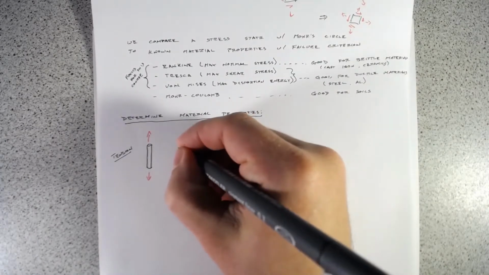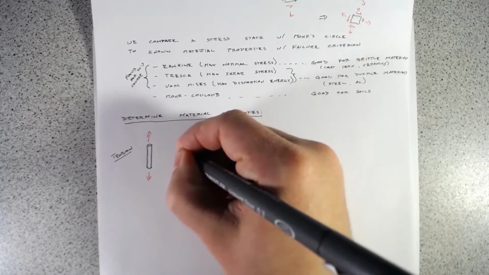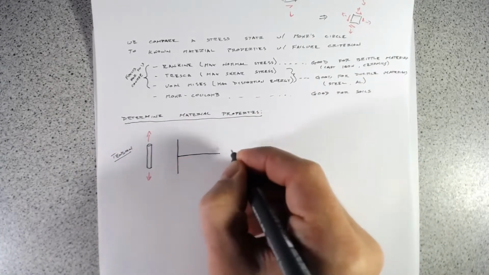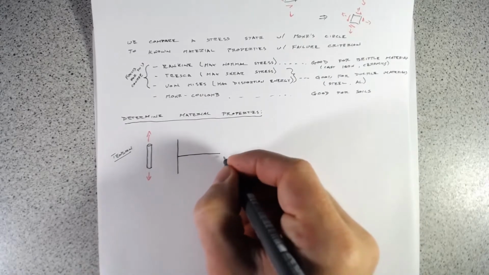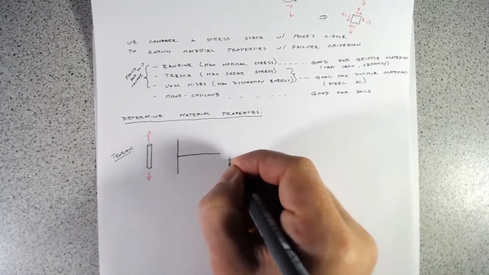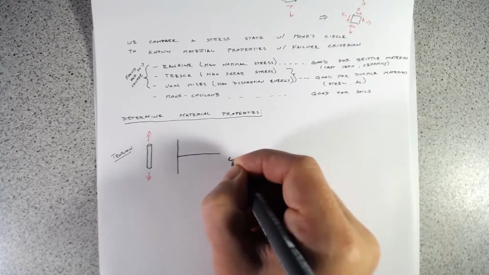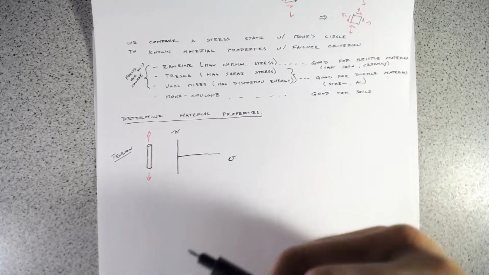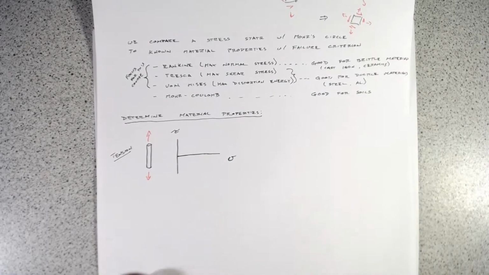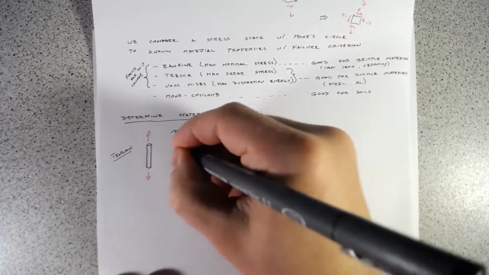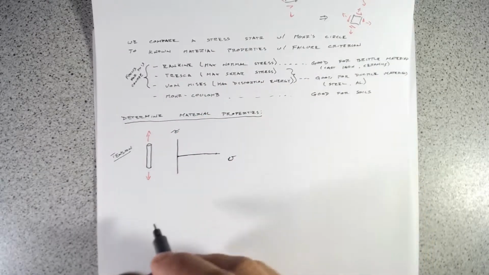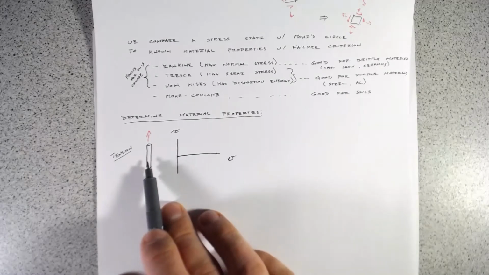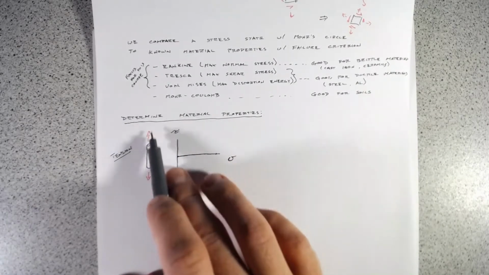And if I was to draw out the Mohr circle, really what we're going to do, we're going to pull it until it yields.